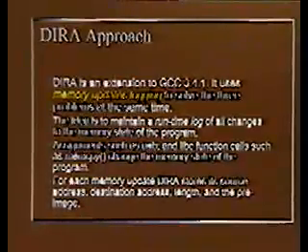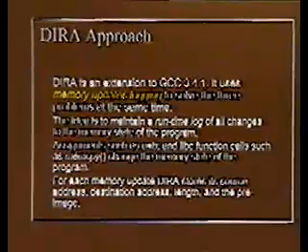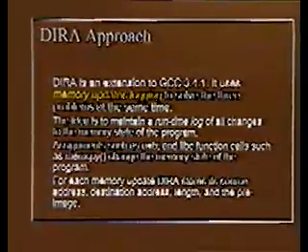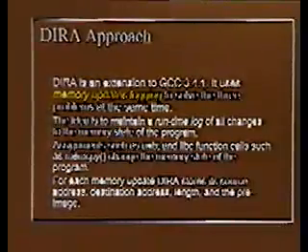The idea behind DIRA is memory update logging, and this approach solves all three problems at the same time. So the idea is to maintain a runtime log of all changes that the program performs. Assignments such as A equals B or libc function calls such as memcpy change the memory state of the program, and therefore their effects should be saved.